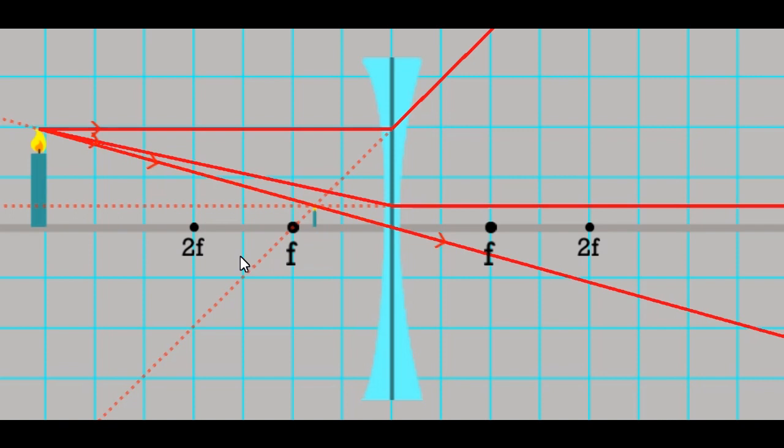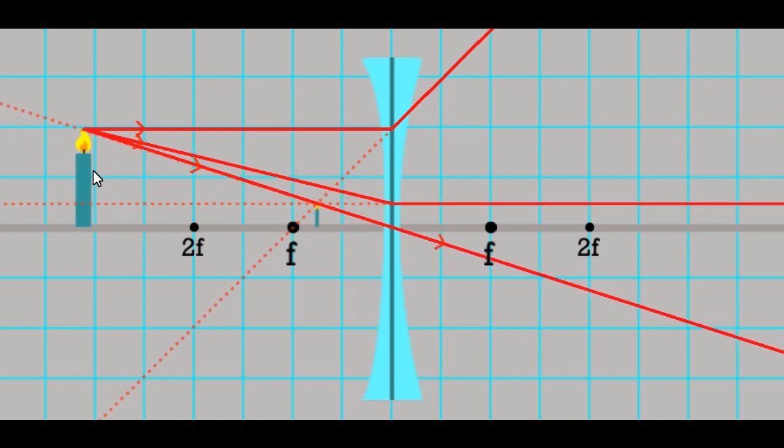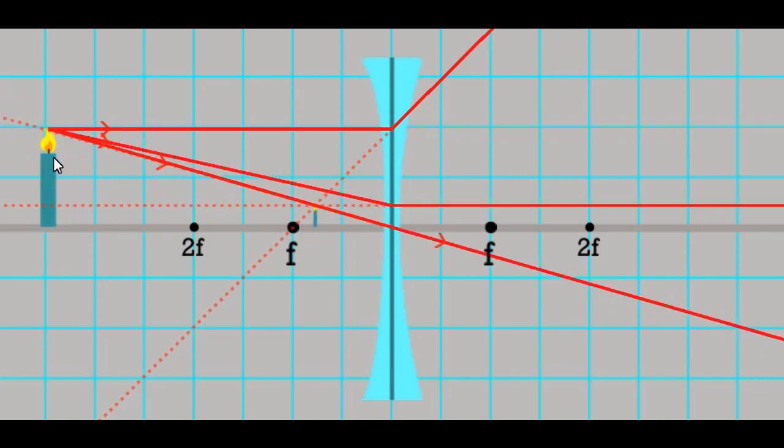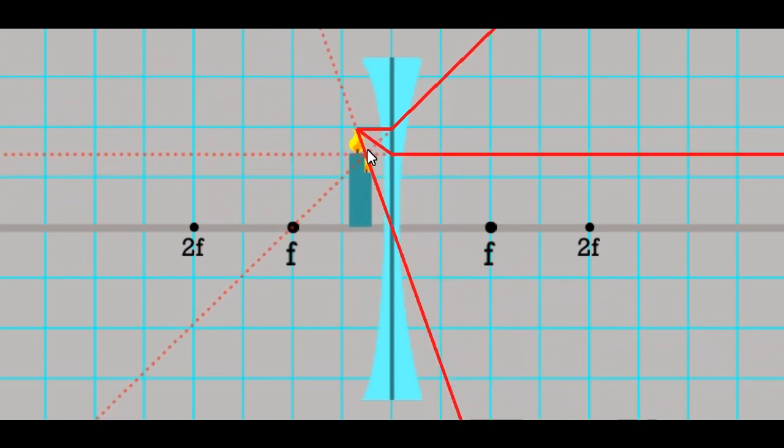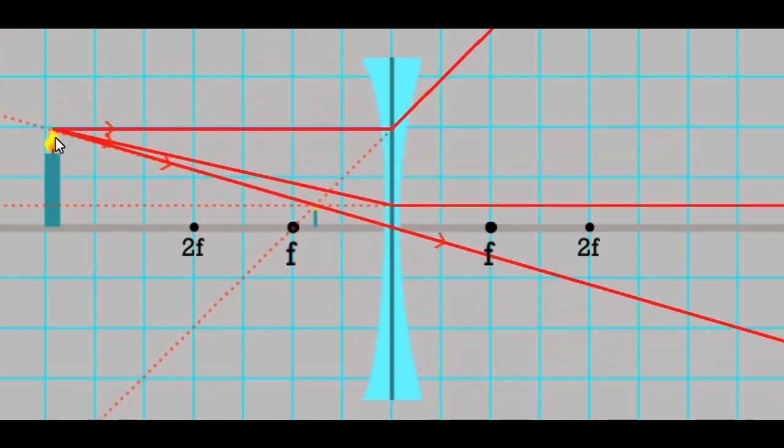All the images formed by this concave lens will be virtual, because they are produced by the extended refracted rays.